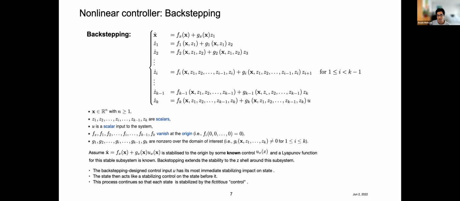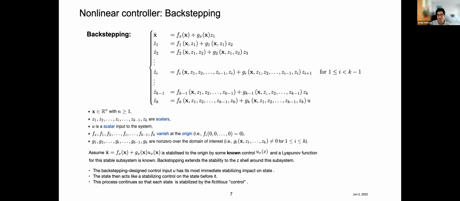For example, you start with some subset of the system that you can control, and you consider x dot equals f of x plus g of x times z1 as that subset of the system, and then assume that z1 is a control signal that controls this system. And then for the next system, shown in the second line, z2 is designed such that z1 satisfies the condition that it has to meet in the previous system.